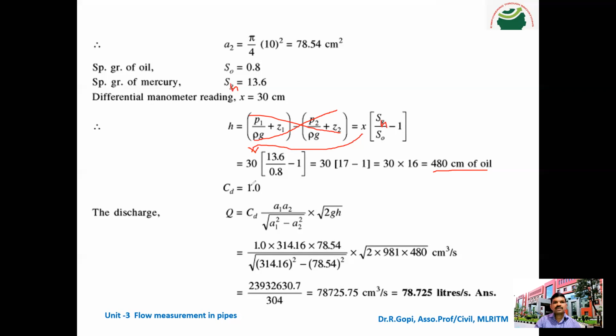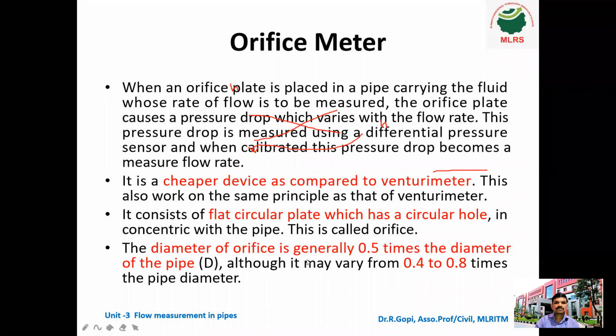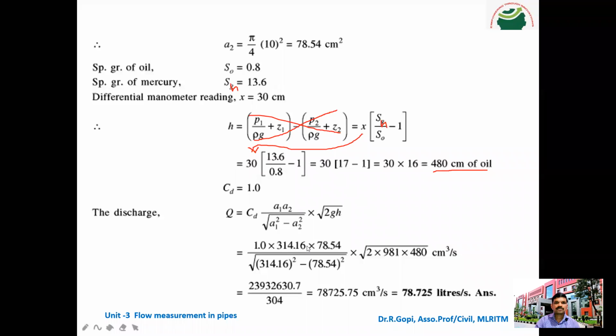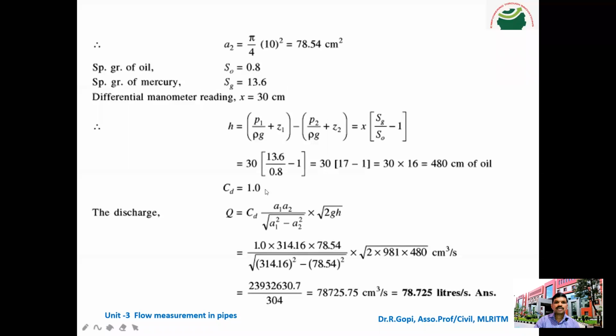So next, the CD value. You can see here the CD value is not given in the question. If the CD value is not given, you have to assume it. So here I assume the CD value is 1.